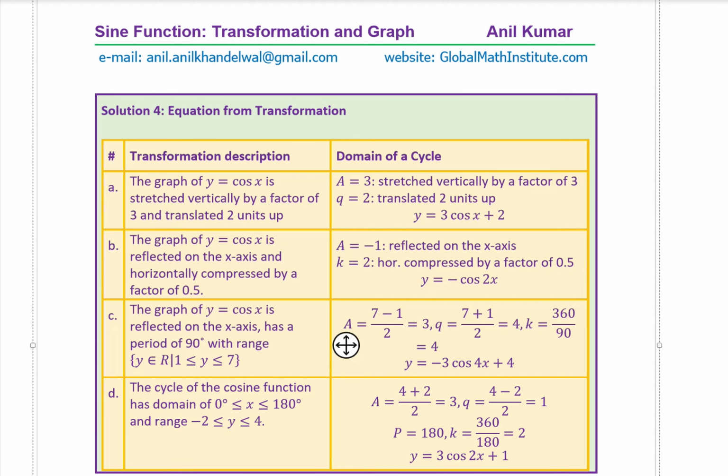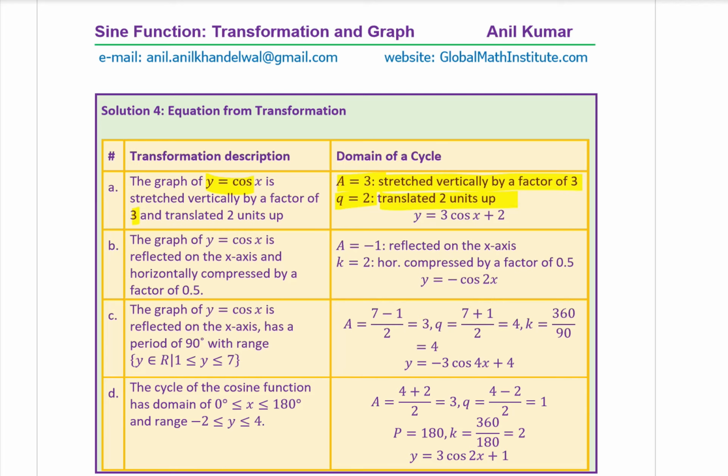Now here are the solutions to each one of them. We'll begin with A, which says the graph of the parent function y equals cos x is stretched by a factor of 3. So when we say stretched by a factor of 3, it means the amplitude is 3 now. Second, translated 2 units up means q is 2.